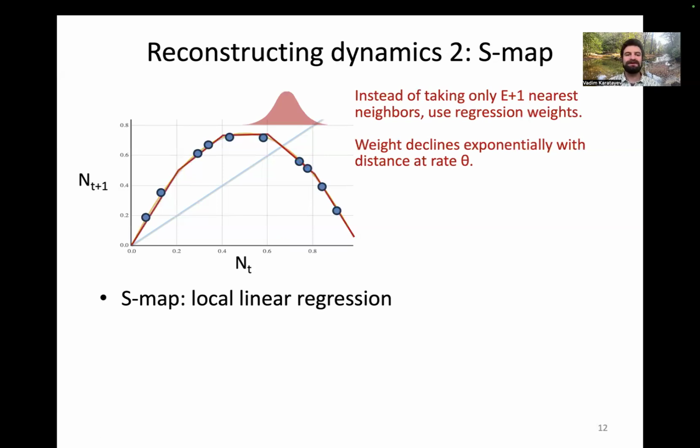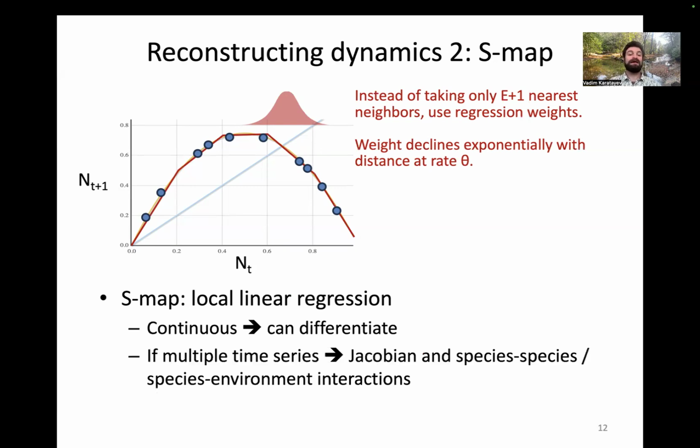When we do that, we get a much closer approximation of the underlying dynamics with a small amount of data. The key thing is that now we get a function that is continuous, which means we can do derivatives.